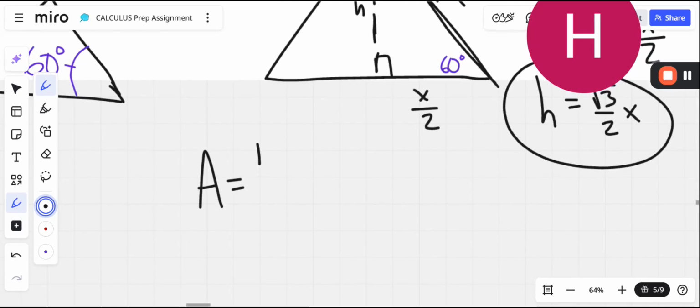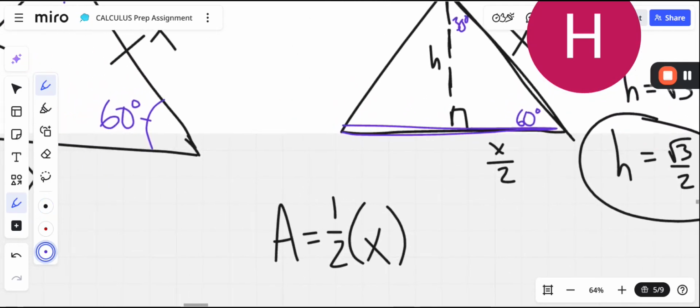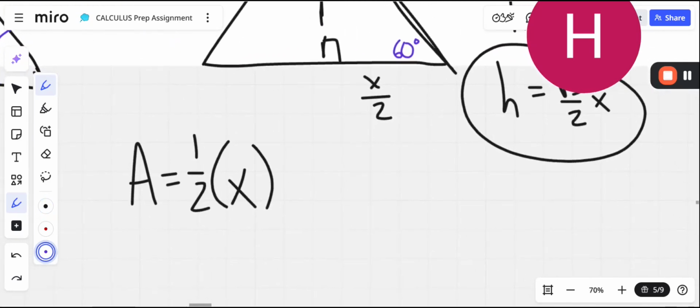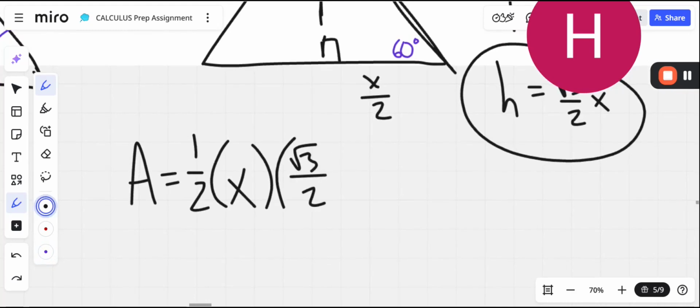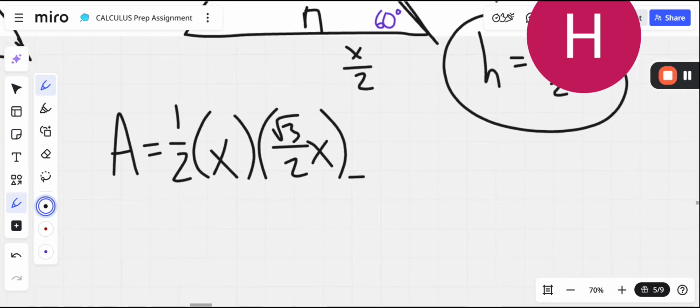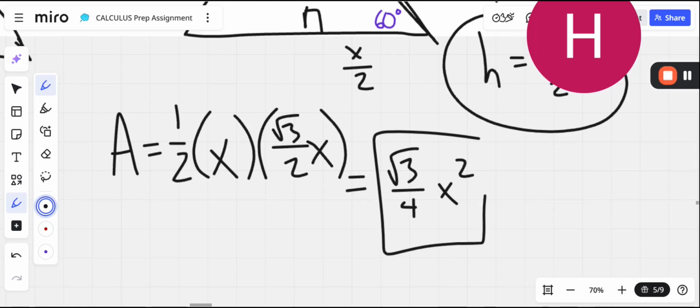Therefore, the area is simply 1/2 base, which is the full x, because we want the area of the entire equilateral triangle, times the height, which is √3 over 2 x. So all in all, we get √3 over 4 x squared, and that can be a convenient thing to know.